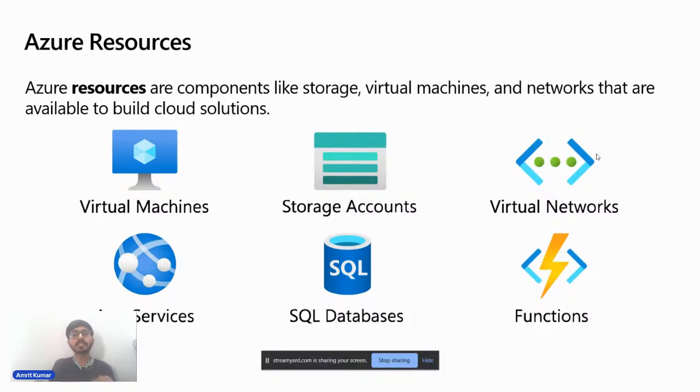If we look at simple or non-cloud systems, configuring these virtual networks is not easily available and not easy to do. In cloud systems, and especially in Azure, you can do it easily as well as rapidly.